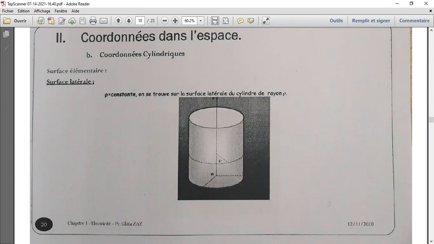So sometimes they can tell you calculate the surface lateral, or calculate the surface of the cylindrical surface where rho is equal to what? Constant. So how do you calculate the cylindrical surface when radius is equal to constant? What do I mean when radius is equal to constant?